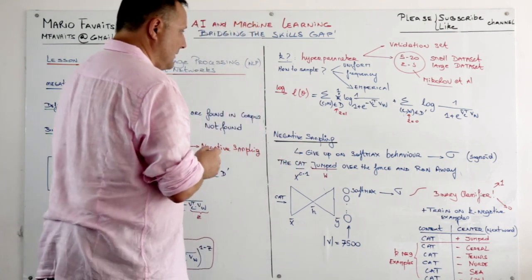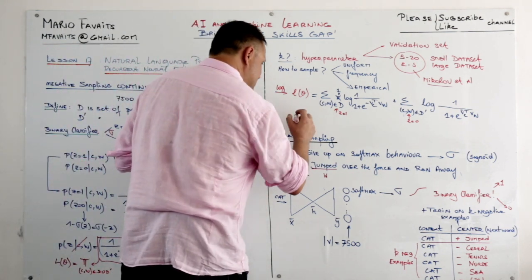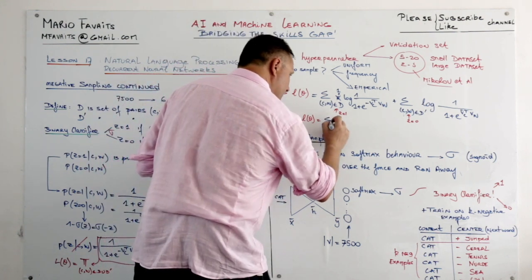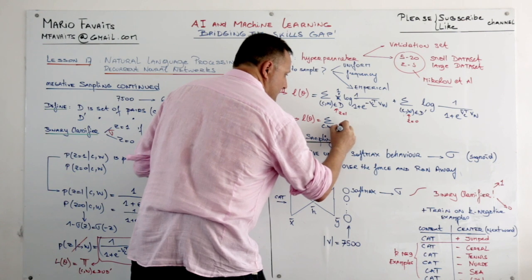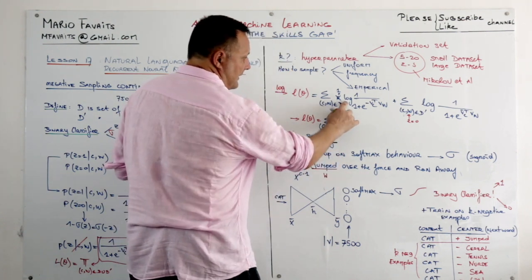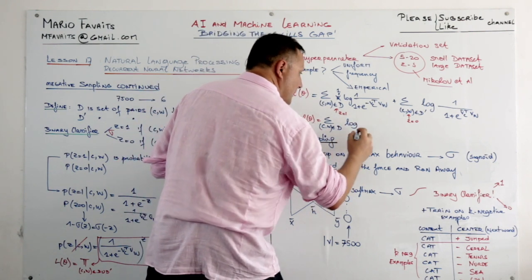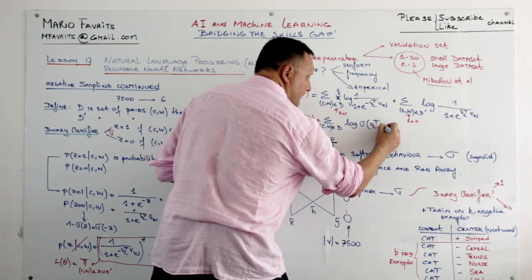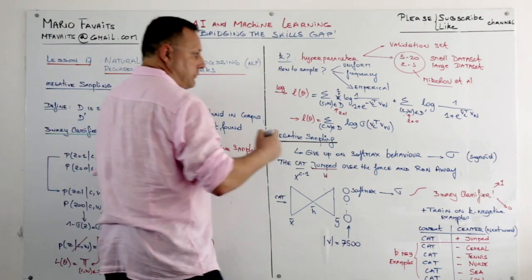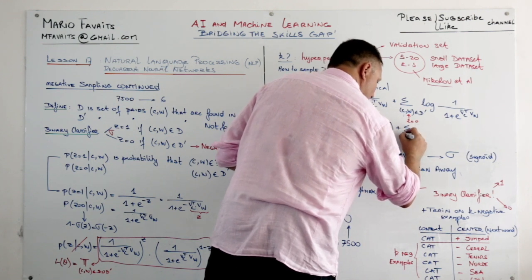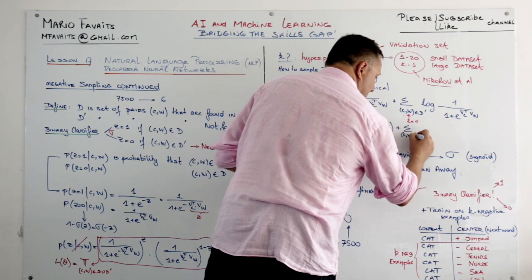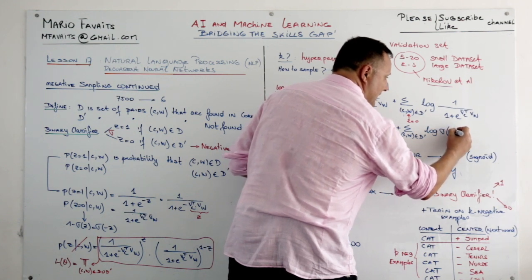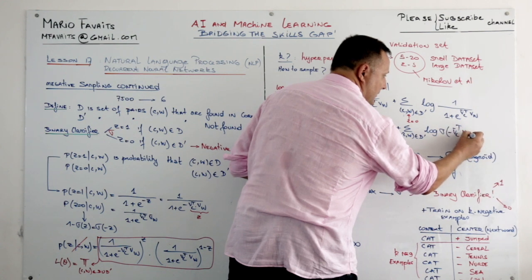Alright, so that means that l of theta equals the sum over c, w elements of D of the log of the sigmoid of Vc transpose Vw, plus again a sum over c, w that belong to D prime of the log of the sigmoid of minus Vc transpose Vw.